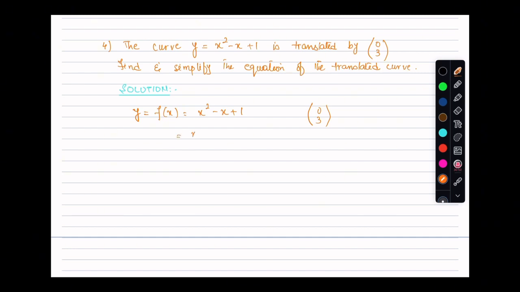The transformed equation, f(x) plus 3, shall be x squared minus x plus 4, and this is going to be my transformed equation here.